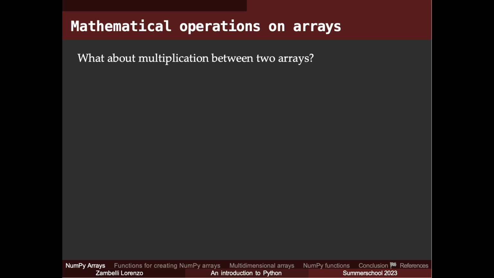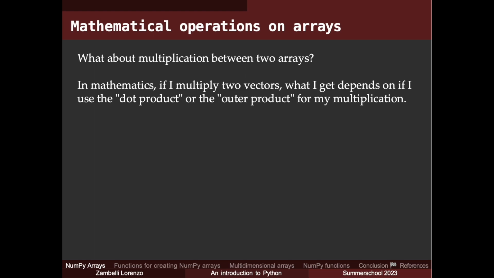Mathematical operations on arrays. But what about multiplication between arrays? As you probably know from mathematics, the multiplication between two vectors can be seen in the Euclidean space as a dot product, or we can also do an outer product for two vectors.